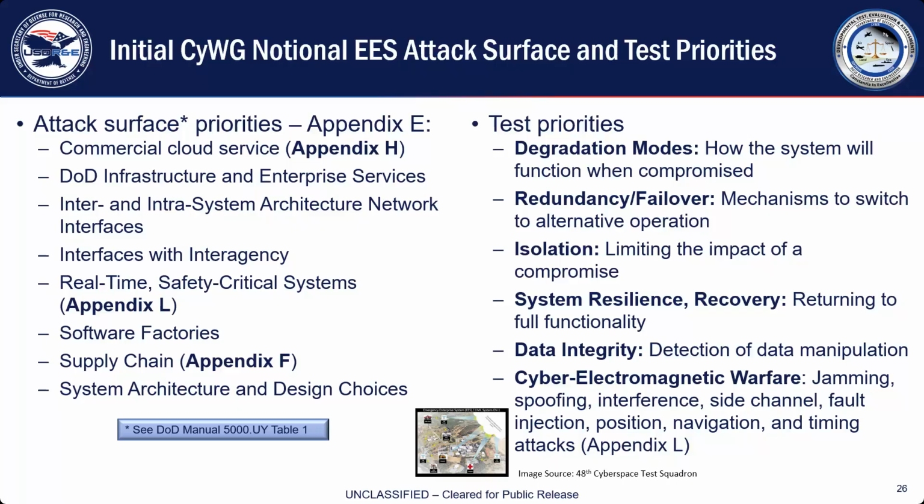So based on the attack surface priorities and the criticality analysis, the intelligence assessments, and the mission-based cyber risk assessment results on the right, they're starting to shape their testing priorities. This is very vague, it's not specific, and that's intentional. But this analysis has helped inform maybe modeling and simulation needs.